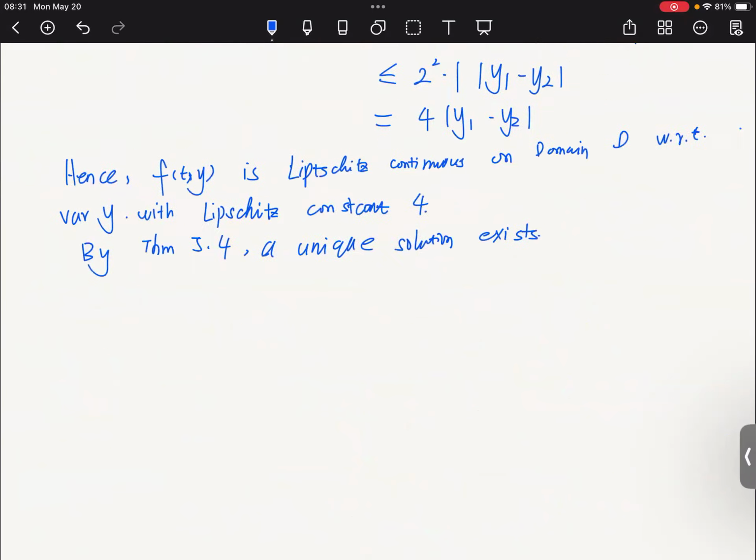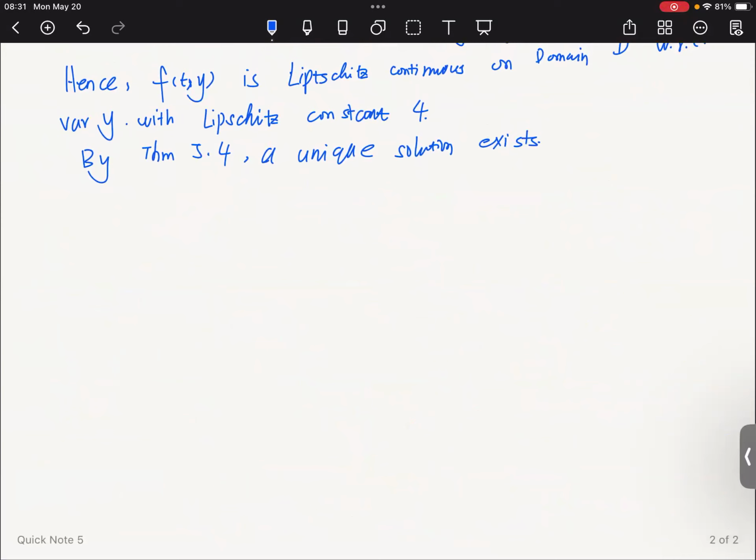Once again, the well-posedness of the problem is more about how the error could affect the solutions you get.